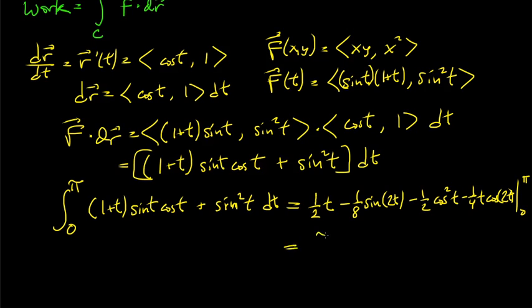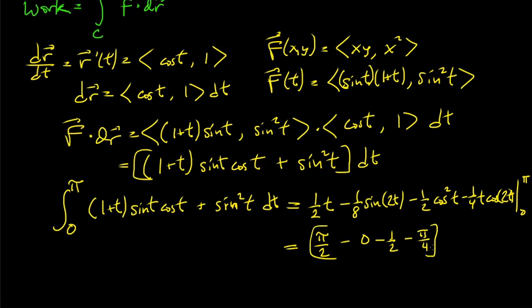So I think we're just going to get, let's see, pi over 2 minus sine of 2 pi, which is 0. Cosine of pi is -1, but when you square it, you get +1. So that's going to be plus 1/2. Oh, no, minus 1/2. And then minus 1/4 times pi, and cosine of 2 pi is 1. Okay.